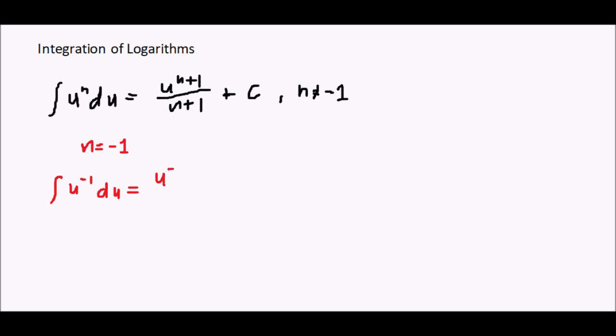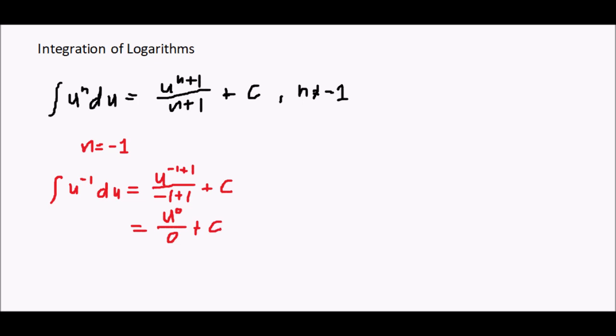So negative 1 plus 1 over negative 1 plus 1 plus c. Simplifying this further, we have u to the negative 1 plus 1, that is just 0, over negative 1 plus 1, which is also 0, plus c.